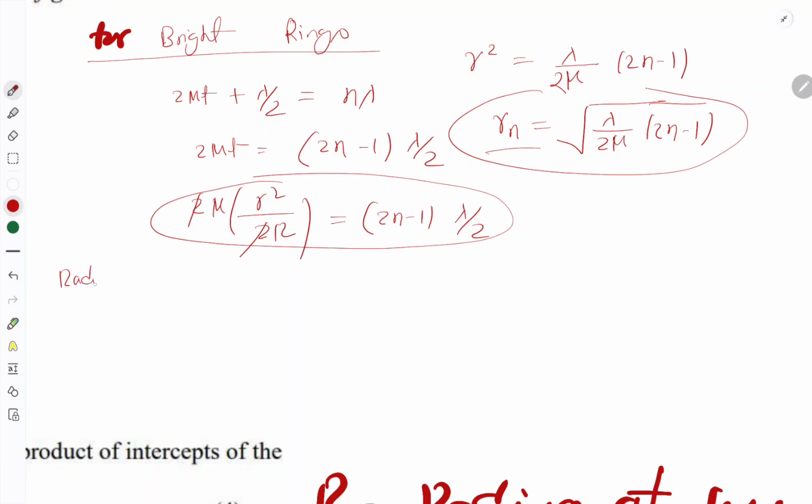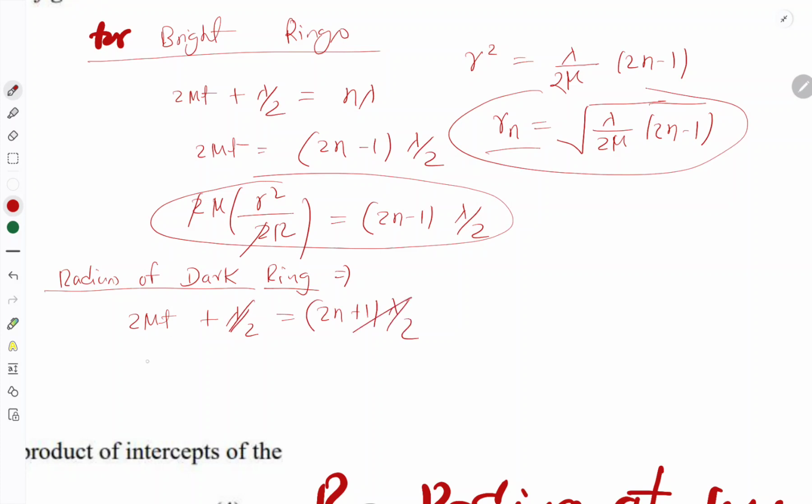Simply, radius of dark fringe, dark ring. Okay, so the condition is 2 mu t plus lambda by 2 is equal to (2n plus 1) lambda by 2. This is the condition of dark fringe.